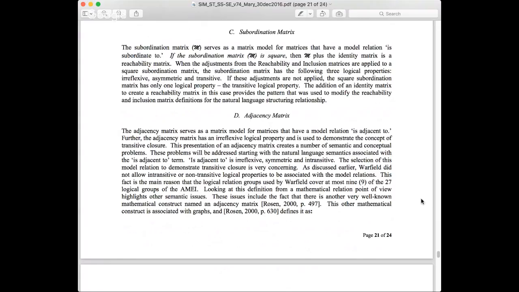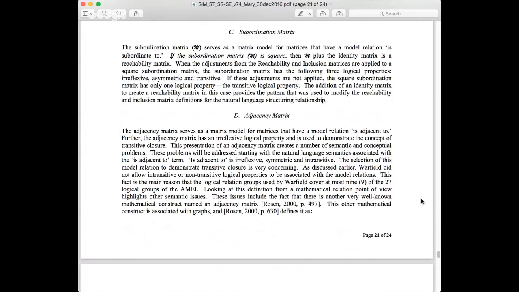In our work in the AMEI, what we did was we put it together and said, okay, we use connected to, because an adjacency matrix in a mathematical form cannot exist without a graph. The first thing you have to have is a graph, and then you create the matrix based on that graph, and that graph shows the connections. I mean, the matrix shows the connections in the graph.